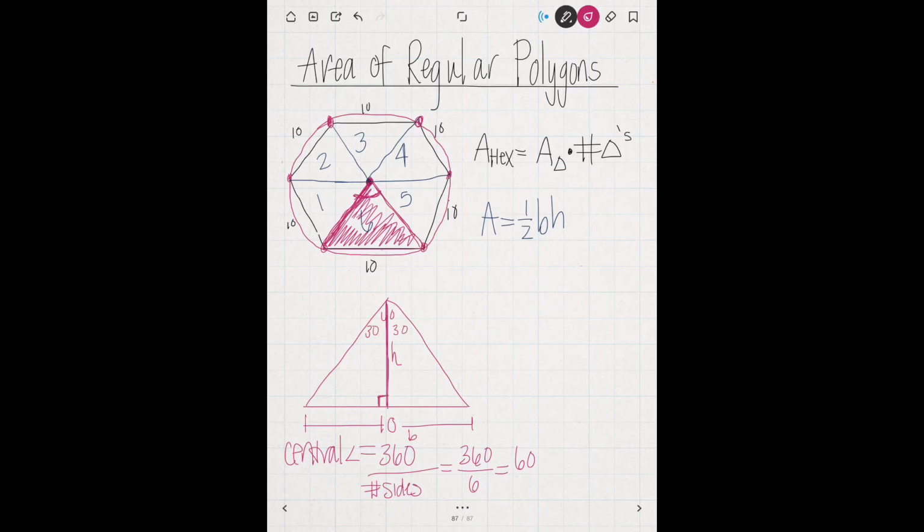When I draw in my height, that always crosses at 90. So now I'm looking at a 30, 60, 90 triangle. You should remember we learned about a 30, 60, 90 shortcut, so I'm going to draw it in.